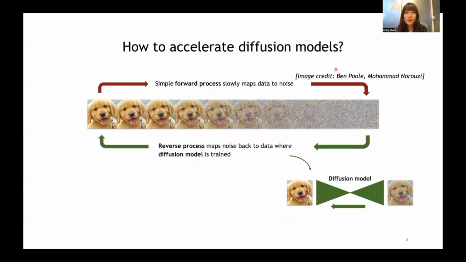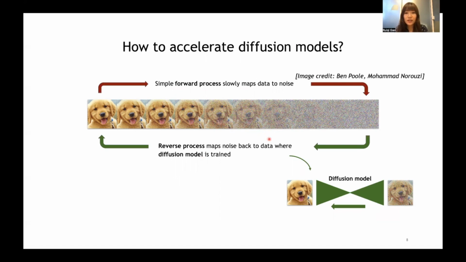So before diving into details, I would like to recap the general formulation of diffusion models. So for diffusion model, they usually define a simple forward process which slowly maps data to noise by repeatedly adding noise to the images. And then a reverse process is defined to map noise back to data.